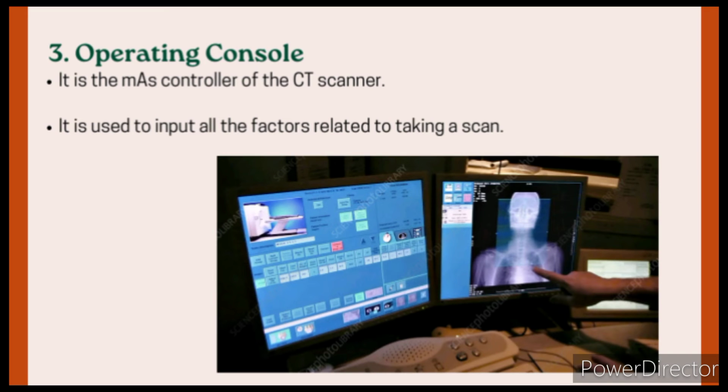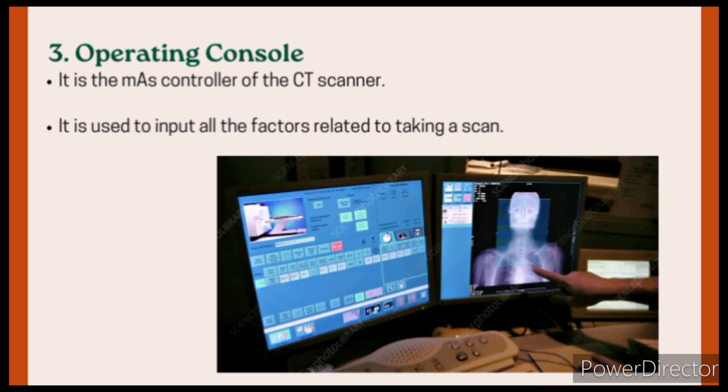The last component is the operating console. It is the MAS controller of the CT scanner. It is used to input all the factors related to taking a scan. Typically, this console is made up of a computer, a keyboard, and multiple monitors.